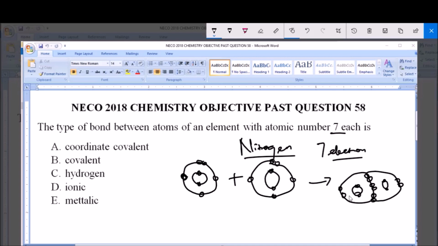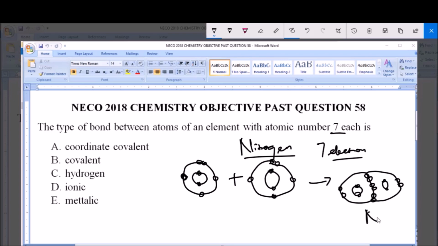Now for these paired electrons, you can see that they've shared them. This has shared its electron with this, and likewise this has shared its electron with this. So you've seen that they have a stable octet structure now, having 8 electrons on the outermost shell, and the same for the other atom.